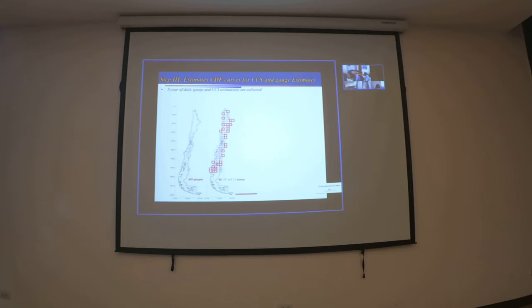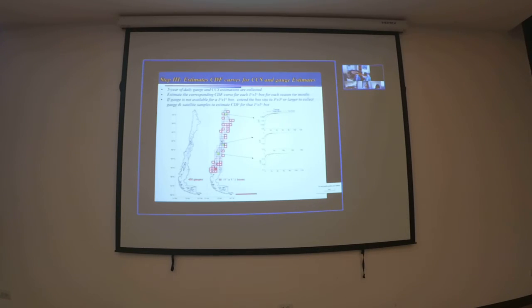So we have to take care of those parts without gauge available for the distribution curve data, one by one. I put a green box for the parts where gauge is available. Then we have a gauge curve, and we also have the satellite estimate as a CDF curve for that. All of the thin line 1 degree by 1 degree boxes should be available for a curve like this.